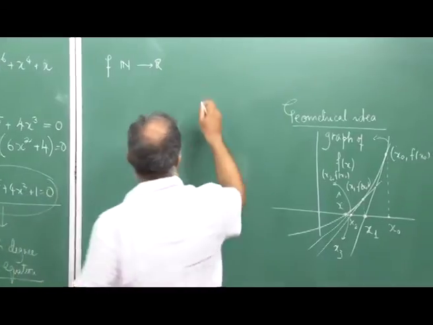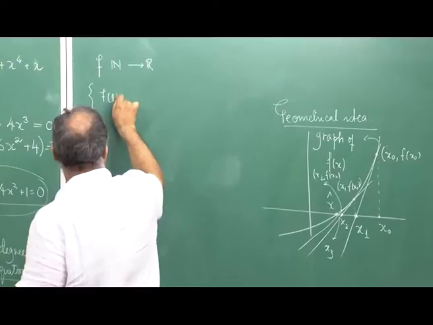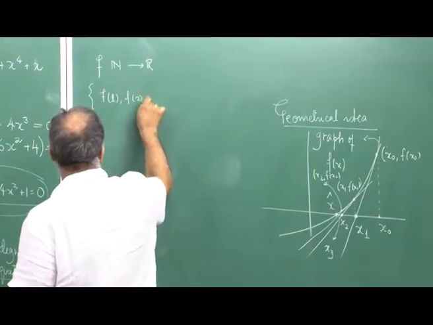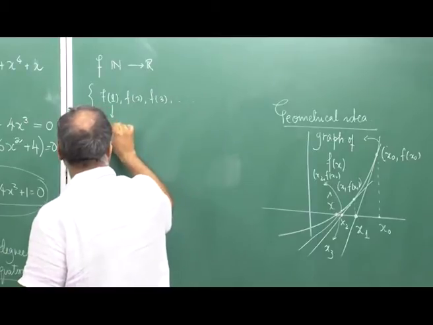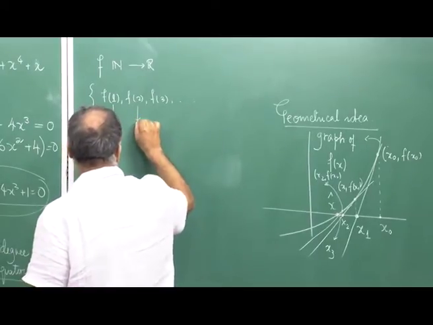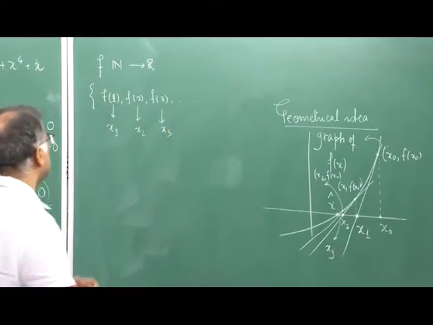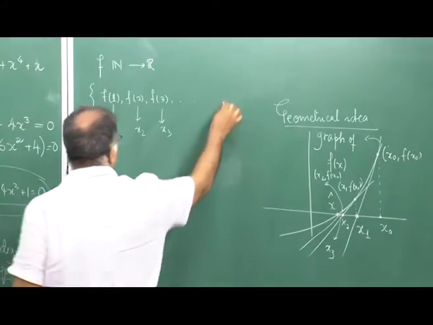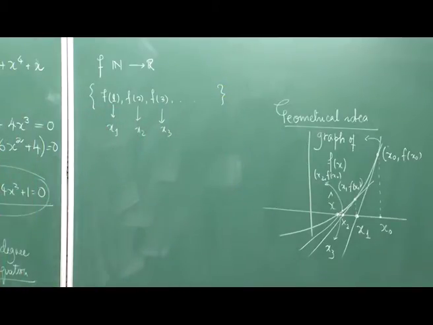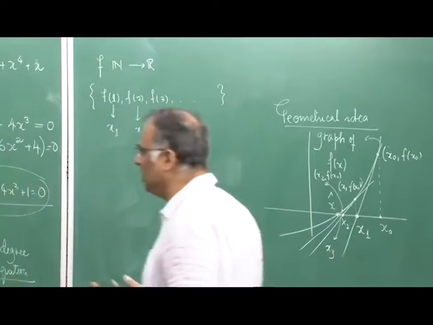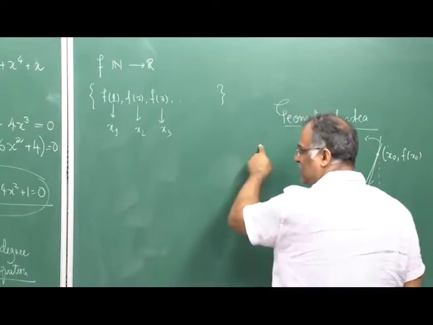That is, you take every number 1, that is f1, and you list all the numbers f2, f3 and so on. This one we call x1, this one x2, this one x3. In our case, we have defined what is called a sequence. It is infinite, countable but infinite. You have already spoken about countability and uncountability in a detailed way, so you understand that we are producing a countable set.